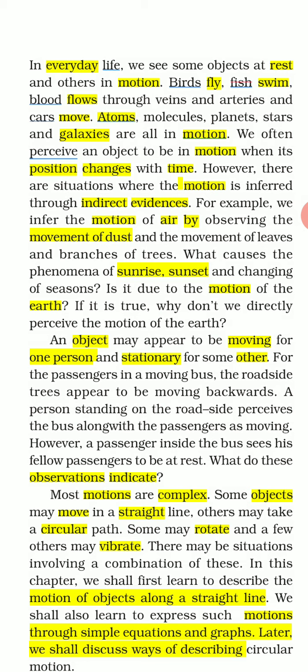So the three types of motions appear to us combined at the same time. Now we are going to discuss only the straight line motion. A body in straight line motion can be expressed through equations and also graphs.